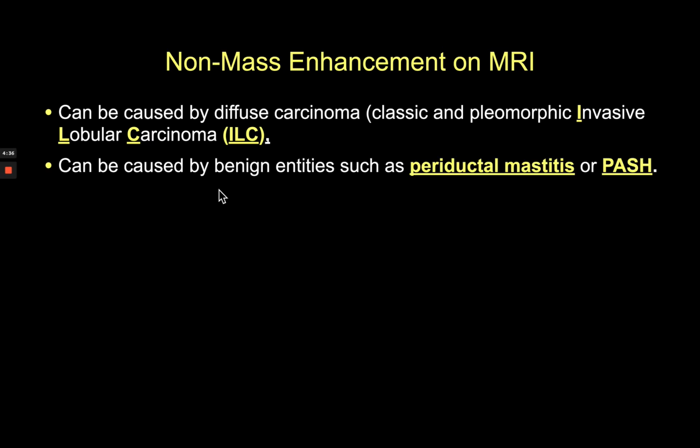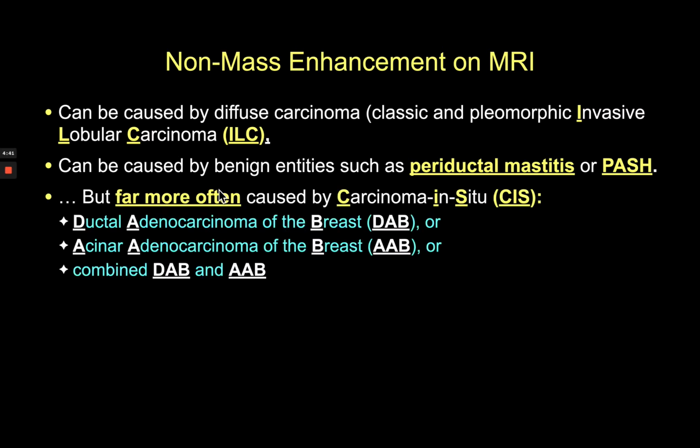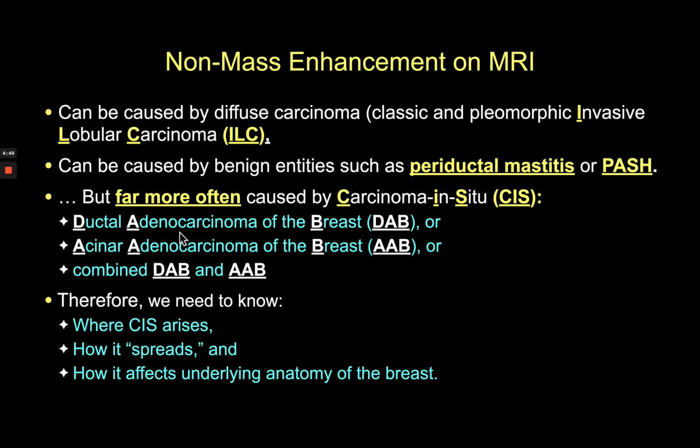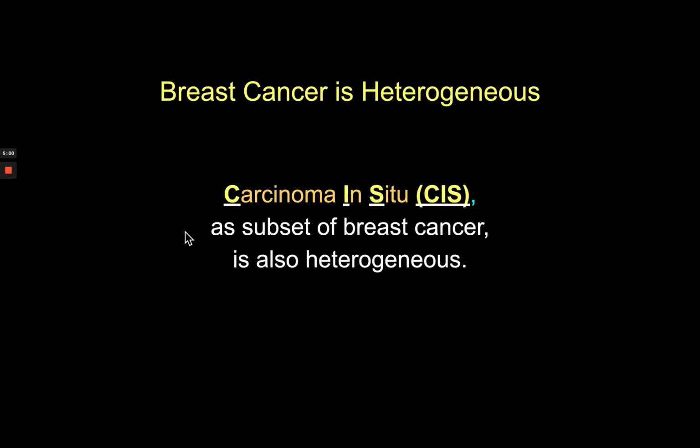It can be caused by benign entities such as periductal mastitis or PASH, but the most common cause is DCIS or carcinoma in situ or ductal adenocarcinoma of the breast. And therefore, we really need to think about where so-called in situ carcinoma arises, how it quote-unquote spreads, and how it affects the underlying anatomy of the breast.